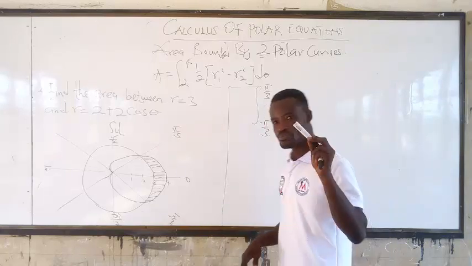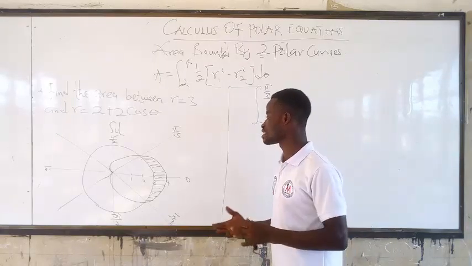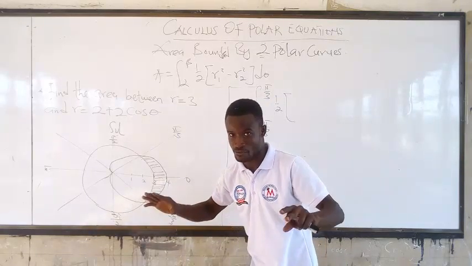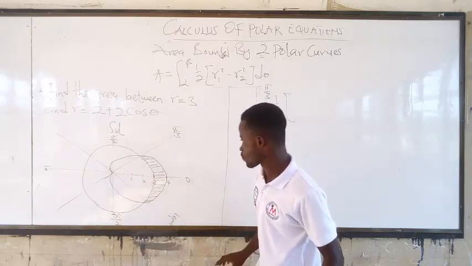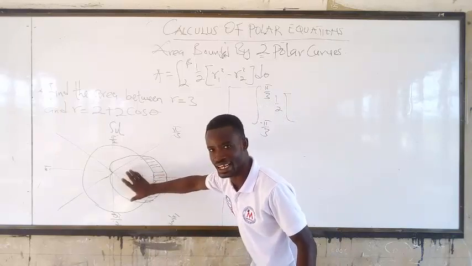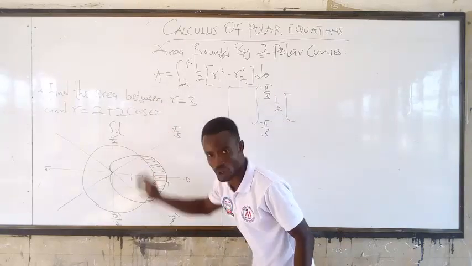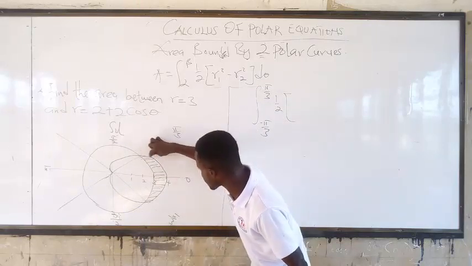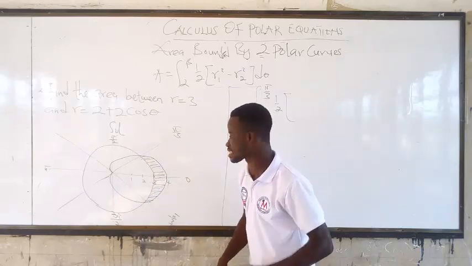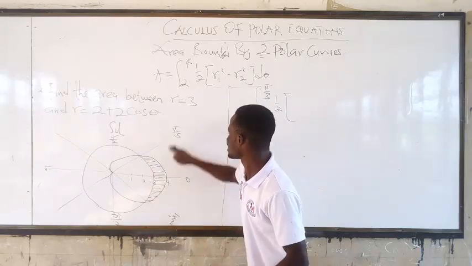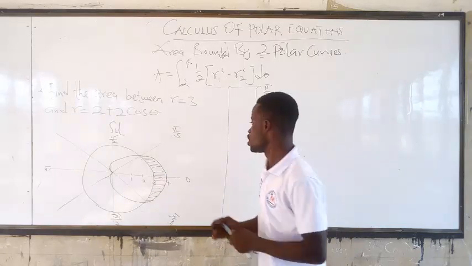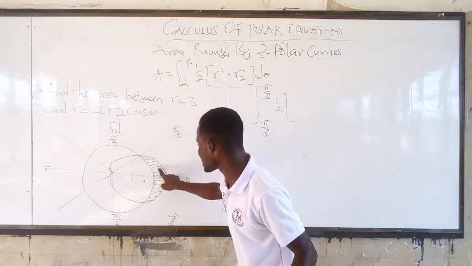But bear in mind, it's always the upper minus the lower curve. Now looking at these two curves, you can see that r equals 3 is under the cardioid. Because you see, this one is coming first, and this one is inside of it. So if you subtract this from this, you are wrong. Please be careful here. It is going to be rather this from this.